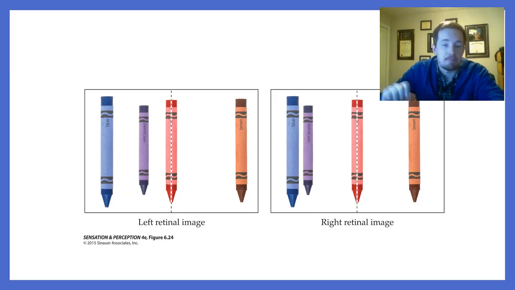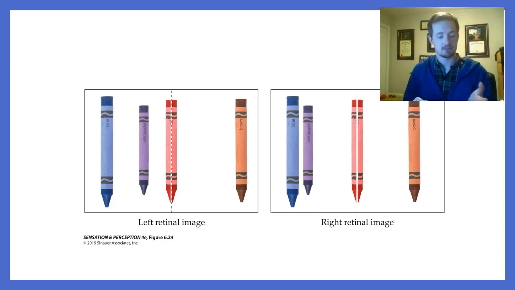And what that means to us is how far away things are. For example, this red crayon stays in the center of our vision, but where are the biggest differences? The purple crayon, right? The purple is the one that seems to move the most. And because the purple has the biggest disparity between the left image and the right image, our brain perceives it as being farthest away.